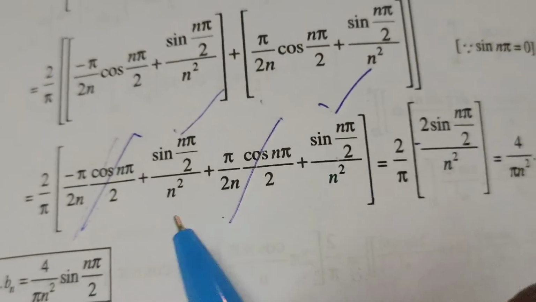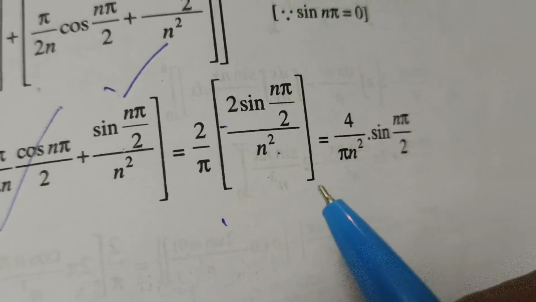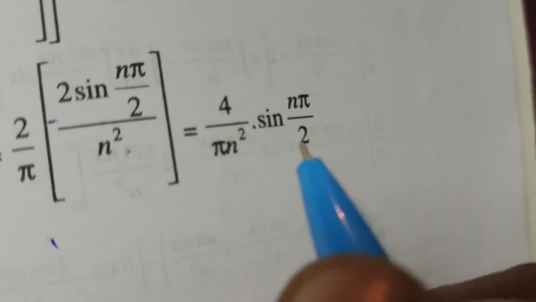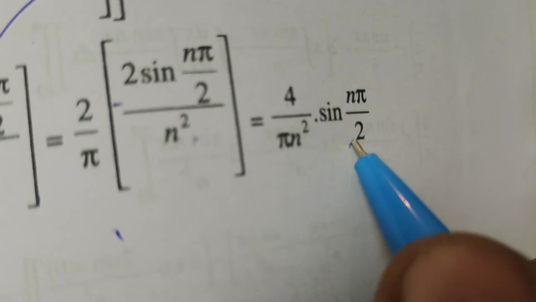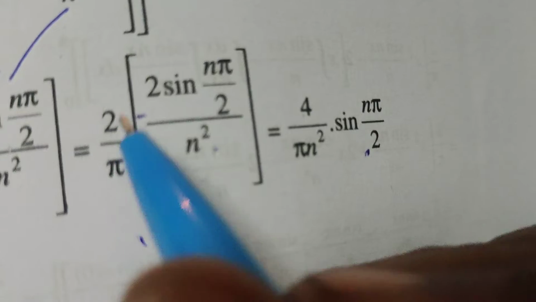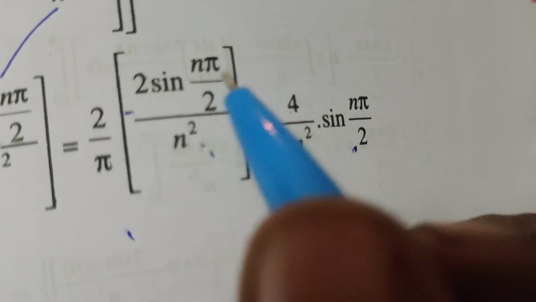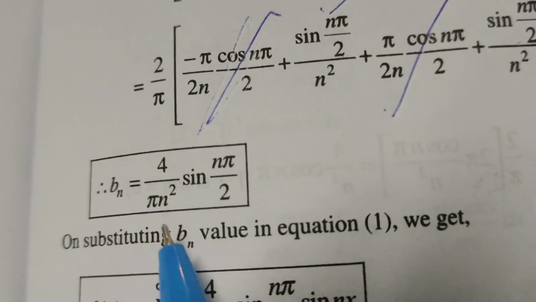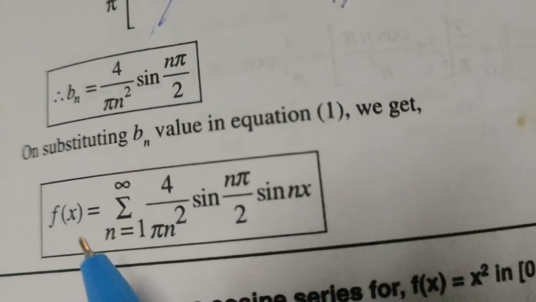Adding the same term 2 times means 2 sin n pi by 2 by n square, 2 by pi, 4 by pi sin n pi by 2. Okay, 4 by pi n square sin n pi by 2. Bn equals 4 by pi n square sin n pi by 2.